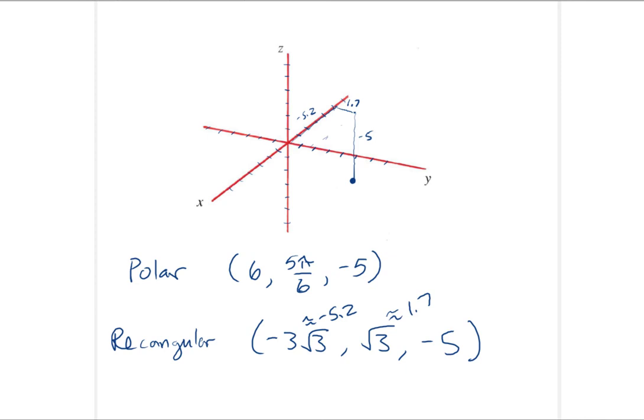Okay, so now let's try it with polar. So we're saying we should go at an angle of 5 pi over 6. So that's almost all the way over here, right? So that's going to make this angle. And then it should be a length of about 6. Okay, that seems like that would be a length of about 6 if I went and connected it up here. And then I could send it straight down negative 5.